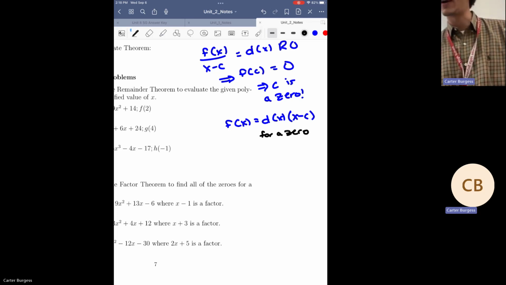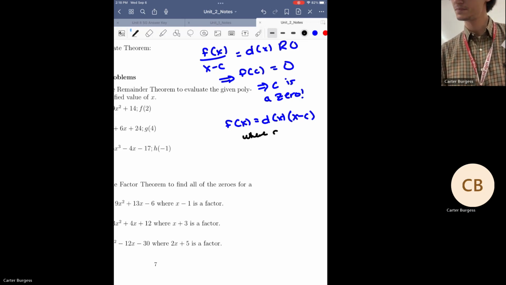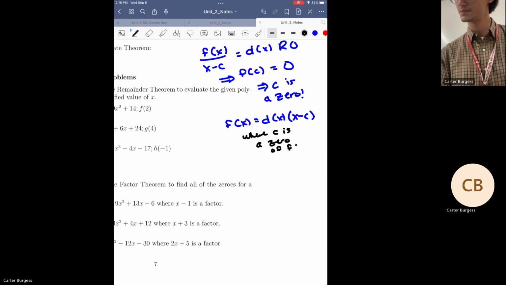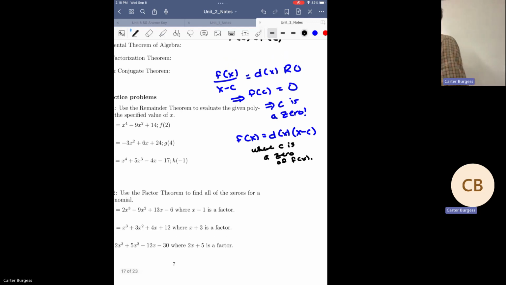Or I guess maybe a better way to write it, where c is a zero. That's much more succinct. All right, questions?